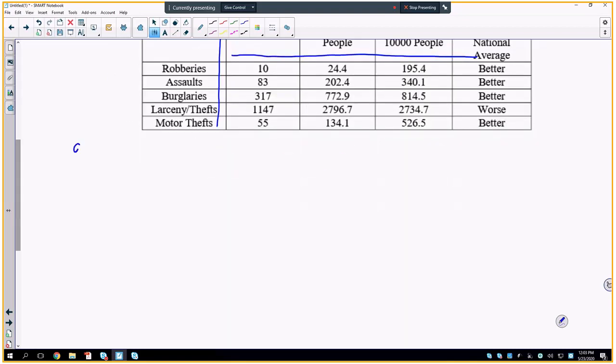So A, list the elements and the variables. Elements are going to be robberies, assaults, burglaries, motor thefts, larceny. So different types of crimes.